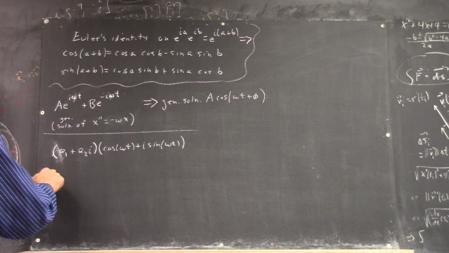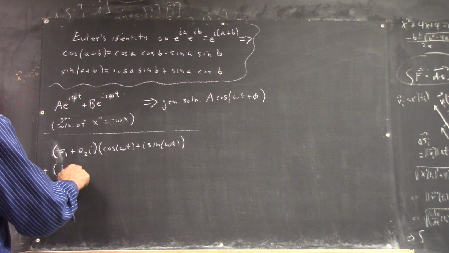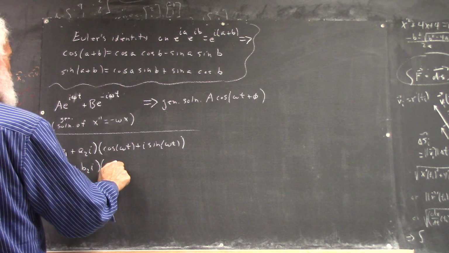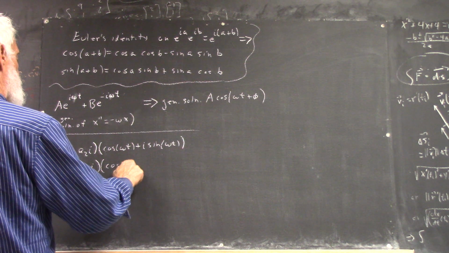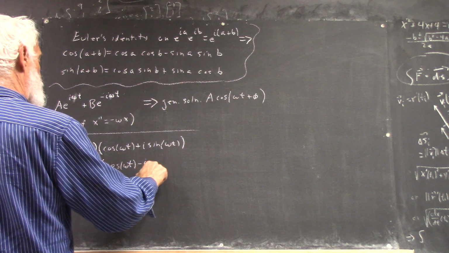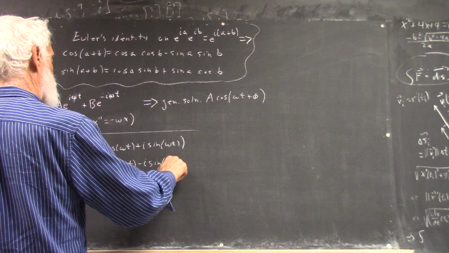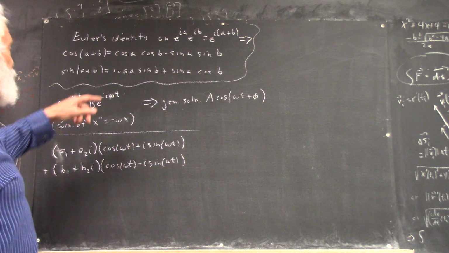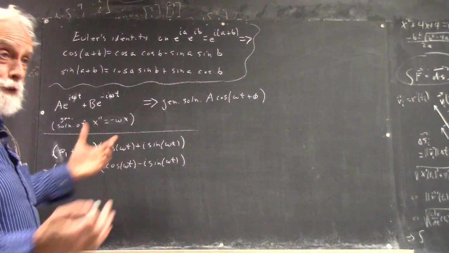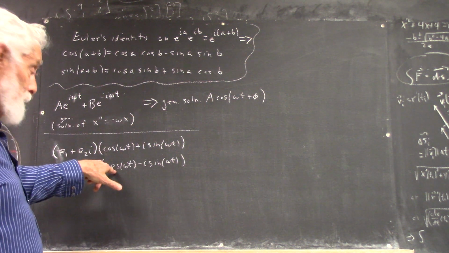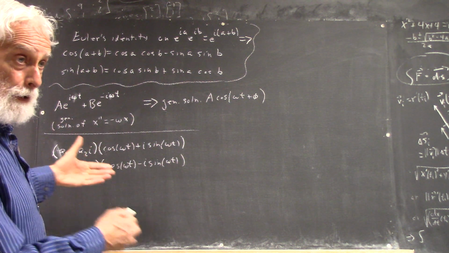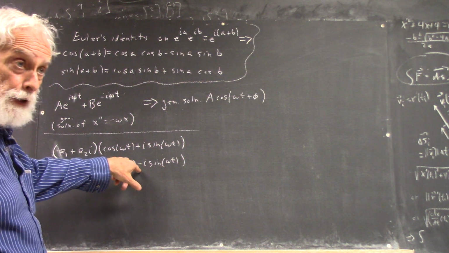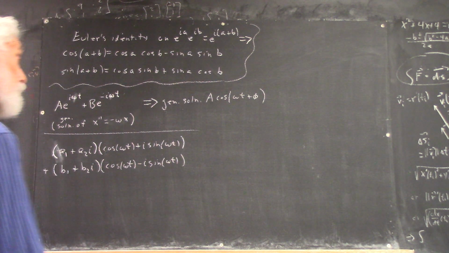Then it's going to be plus B1 plus B2 i multiplied by cosine of omega t minus i sine of omega t. It's the cosine of negative omega t, but cosine is an even function, so cosine of negative omega t is just cosine of omega t. Sine being an odd function, you get the negative there. So that should be clear.